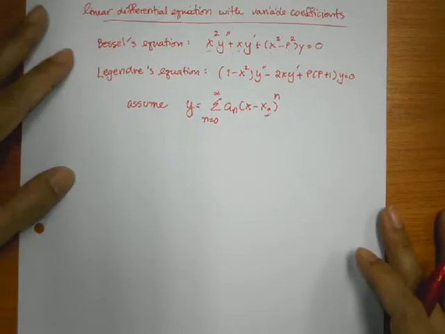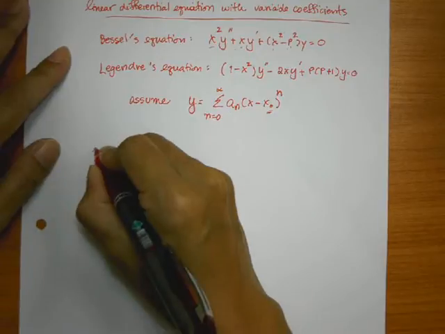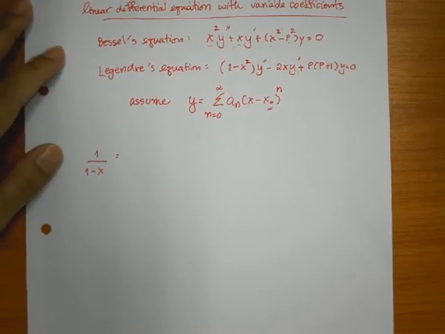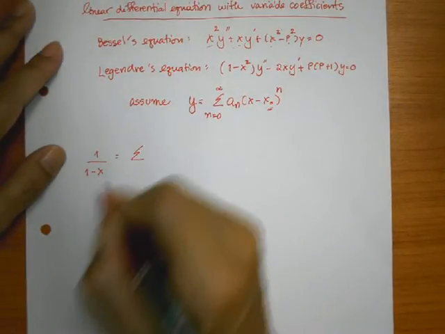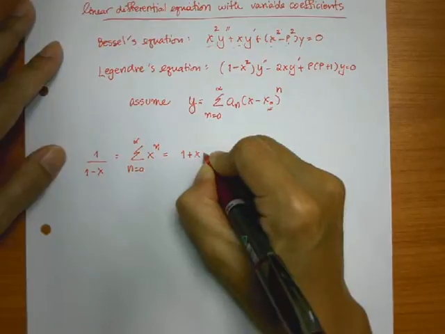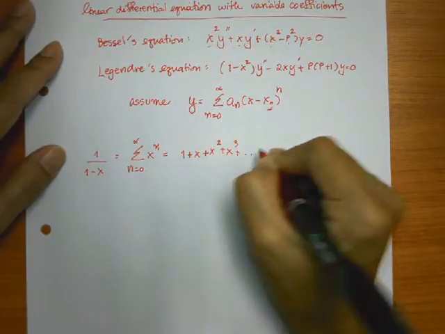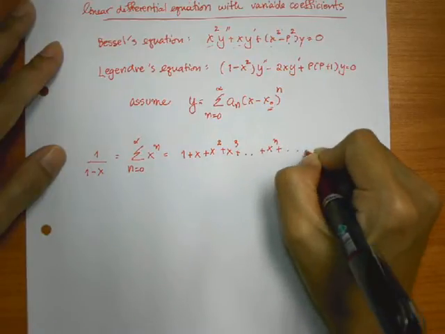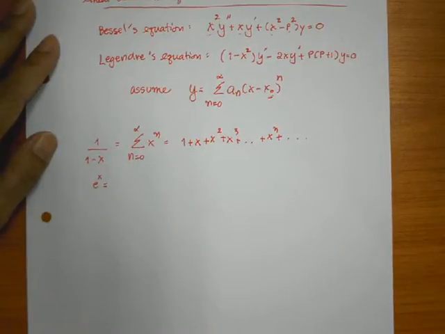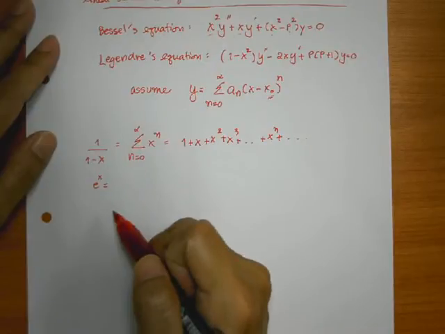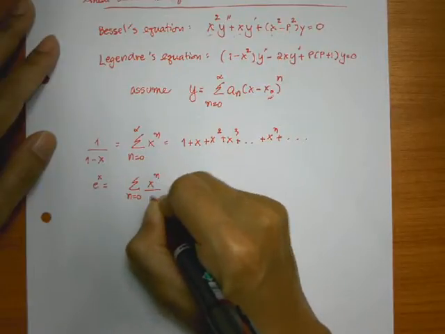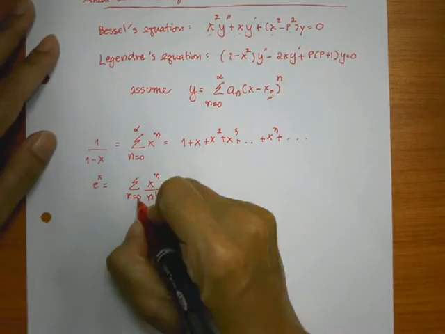For example, if we have the function exponential of x, you can write it in the form of a power series as the summation of x to the power n divided by n factorial, where n is equal to 0 to infinity.